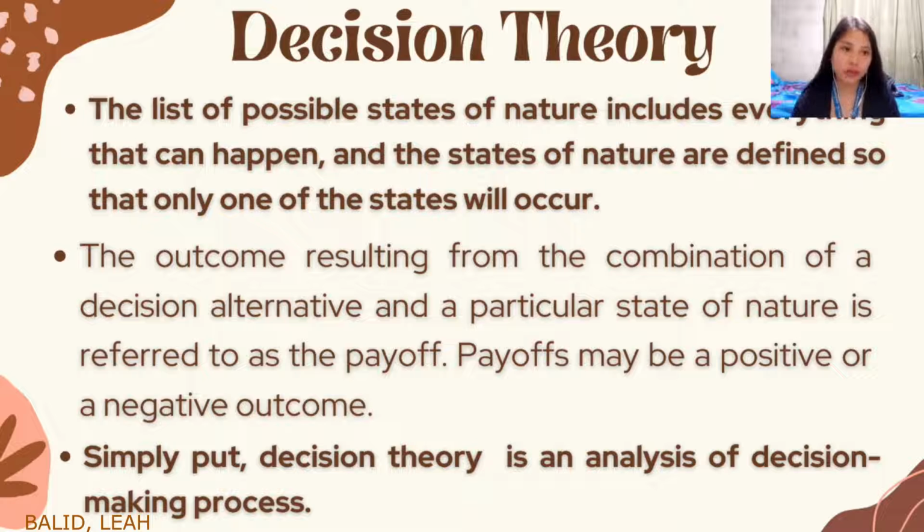The outcome resulting from the combination of a decision alternative and a particular state of nature is referred to as the payoff. Payoffs may be a positive or a negative outcome. Simply put, decision theory is an analysis of the decision-making process.